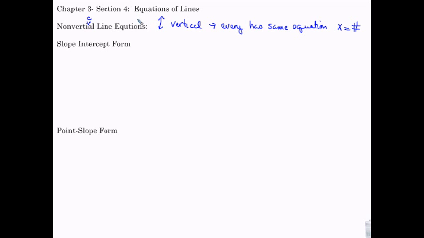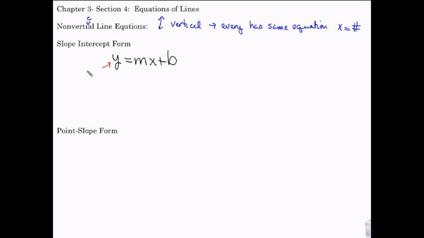Every other line can be written in a couple different forms. We have slope-intercept form and point-slope form. And you've seen these before? Remember that? Vaguely? Y equals mx plus b.